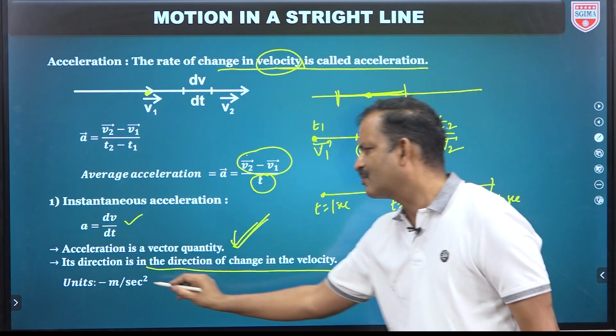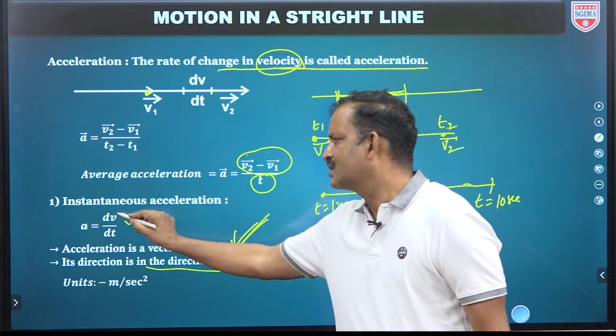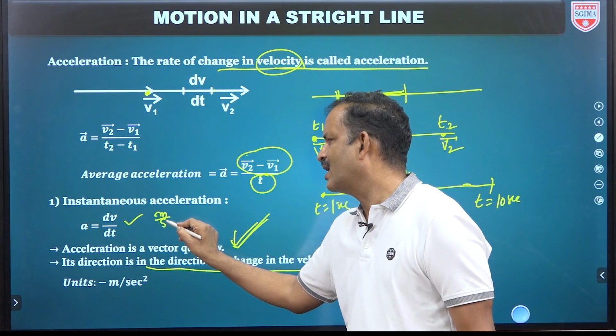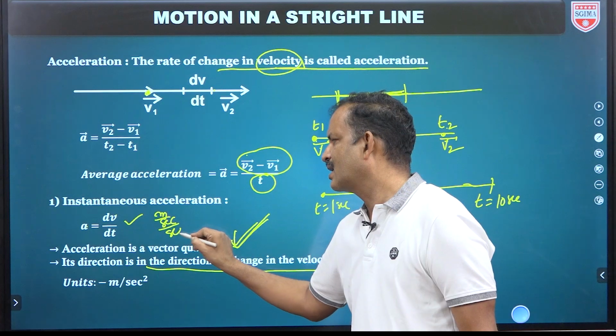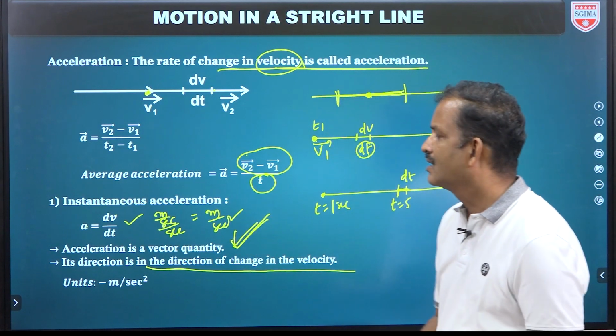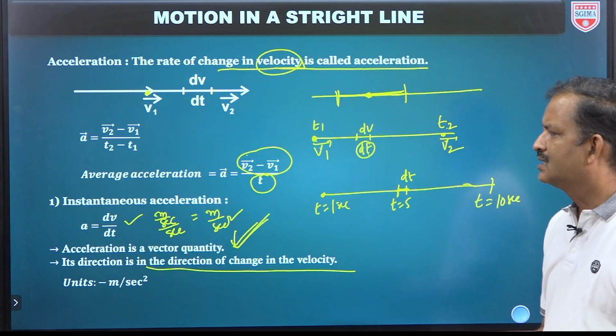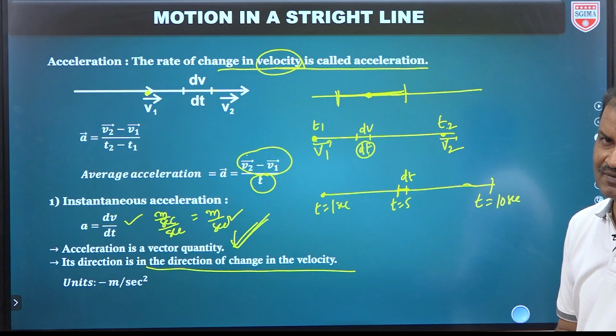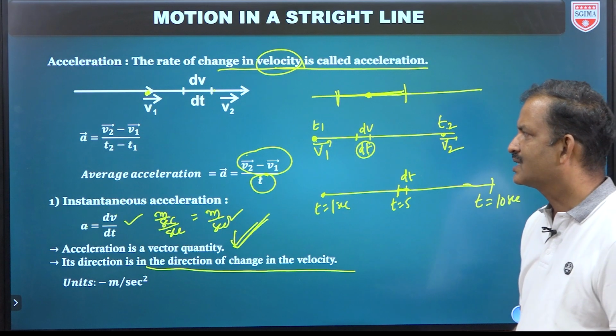Units are meter per second square. Why? Velocity is meters per second, divided by time in seconds, which gives meter per second square. CGS units are centimeters per second square, SI units are meter per second square.